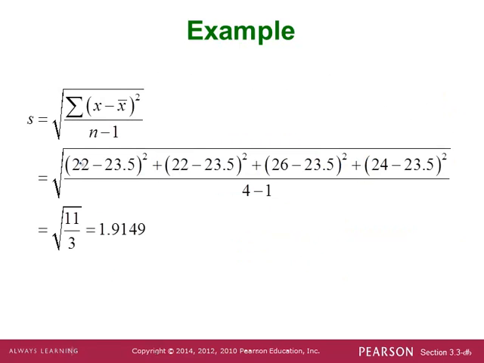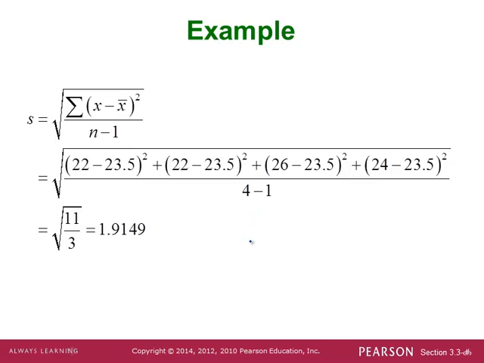So now what we'll do is take each number and minus x bar to give you these deviations. 22 minus 23.5, which will be negative 1.5, and square that. So you have negative 1.5 squared. And then do that again for this next one. 26 minus 23.5 squared, so that's 2.5 squared. And here we've got 0.5 squared. Add up those squares of deviations, and in the denominator, the sample size was 4, minus 1 is 3.